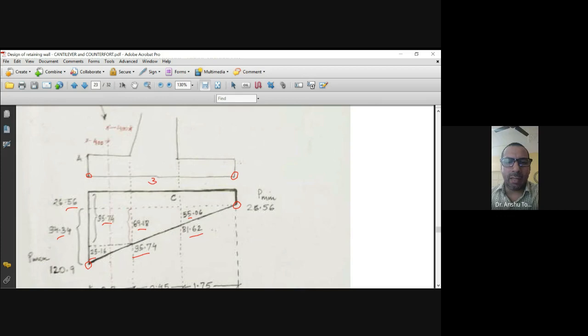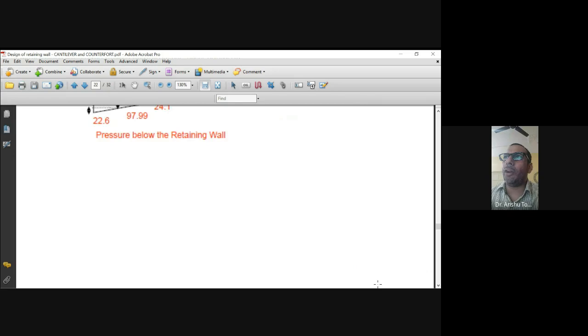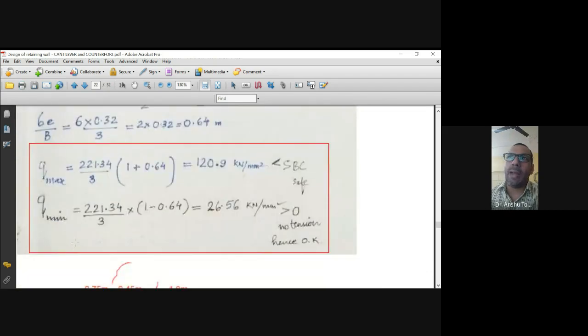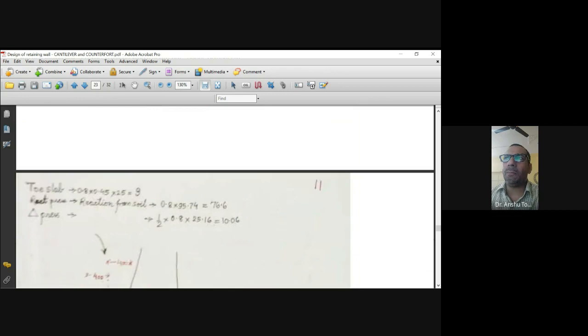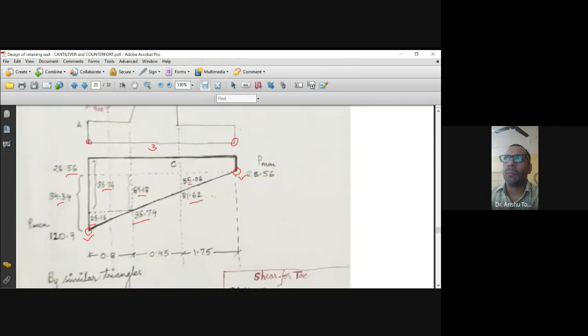If we know these two values, which we have calculated from here, Q max and Q minimum, can we find out the rest of the values in the pressure diagram?